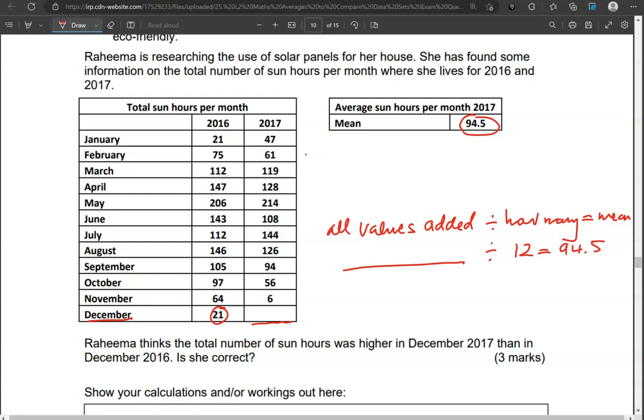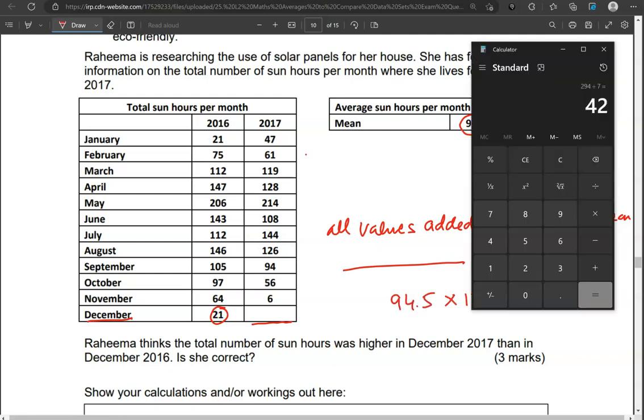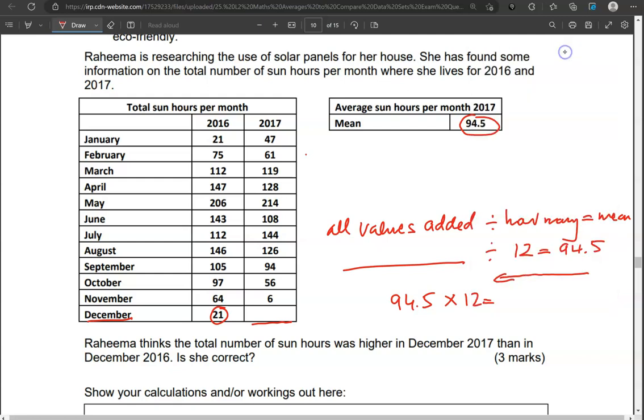I can reverse the process here. So I can go backwards. 94.5 times 12 gives me the total, which is 1134.